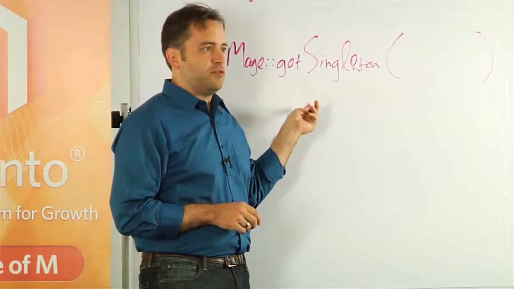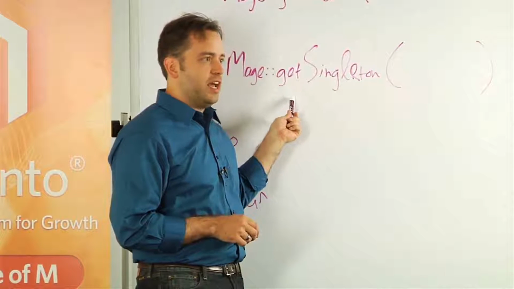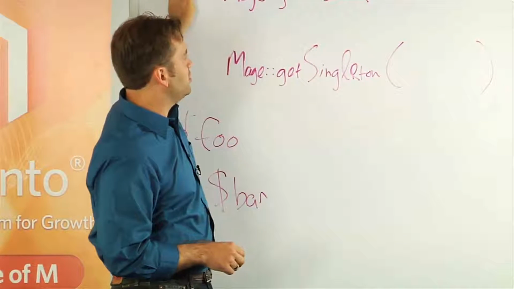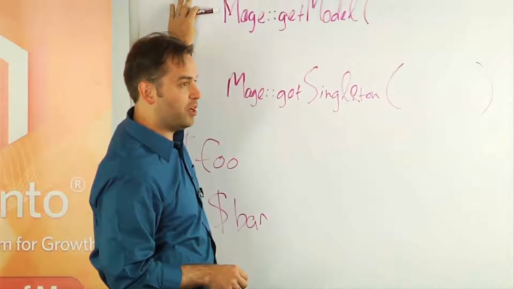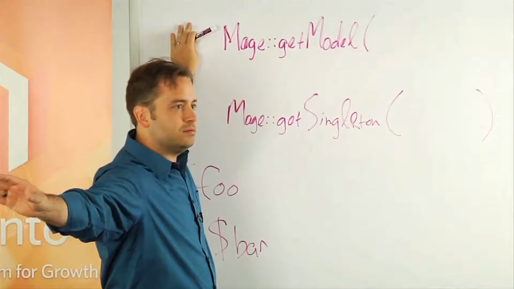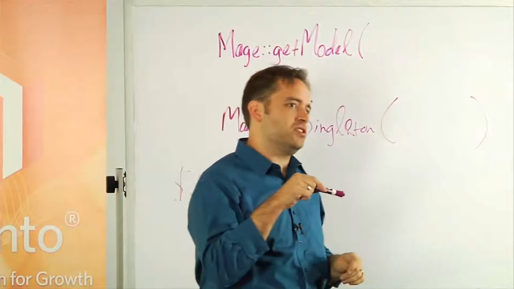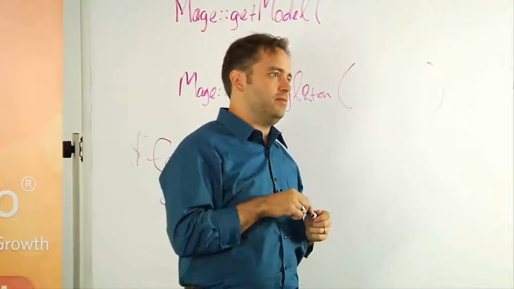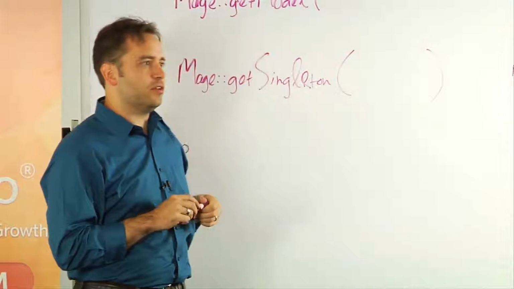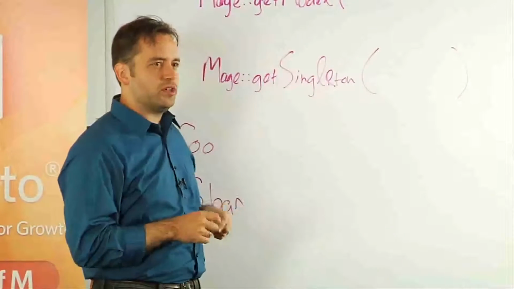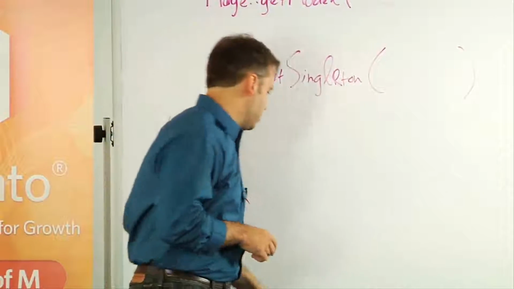Magento's implementation is different though, because while I do this and I can get the same catalog product instance, I can also call Mage get model catalog product and get a completely new catalog product model. Just one of those things. If you're used to singletons in almost any other framework language, then this is a little bit different. Just one of those little gotchas.